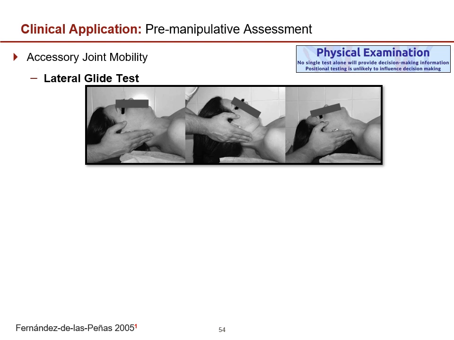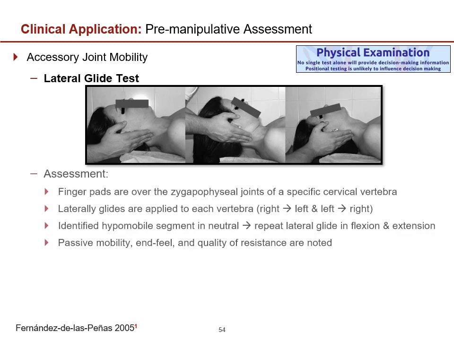So what they did is they had therapists perform a lateral glide using the pads of their fingers along the zygapophyseal or the articular pillars of the cervical spine, starting at the C2, C3 level and working their way down the cervical spine at each of the segments.